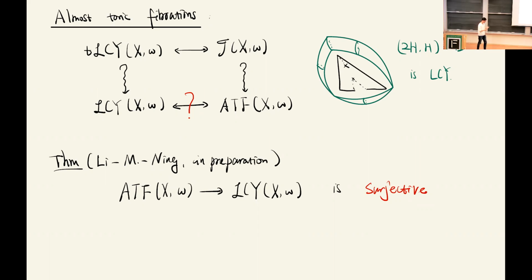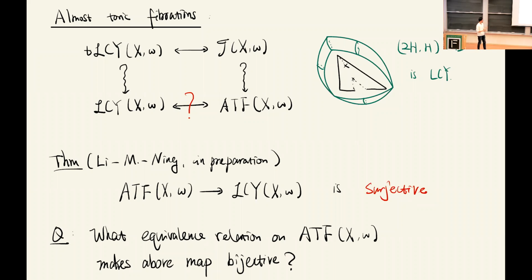And now the natural next question is, can we get some kind of bijection as for toric actions? That is, that there exists some equivalence relation on the left-hand side so that this map is not just surjective, but also bijective. If we have this, then it will give a powerful tool to understand the classification of almost toric fibrations on four manifolds, right?